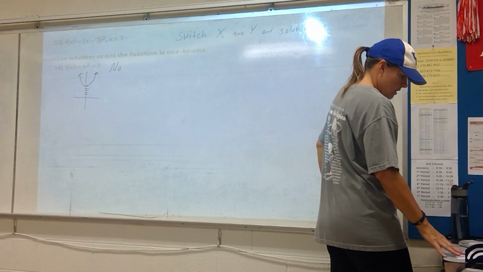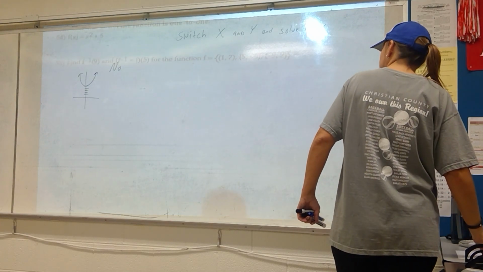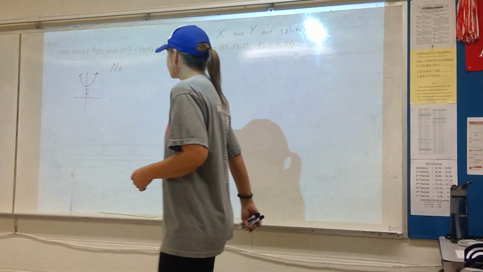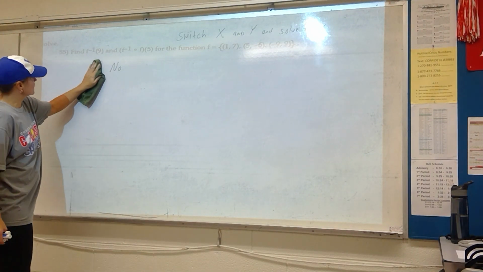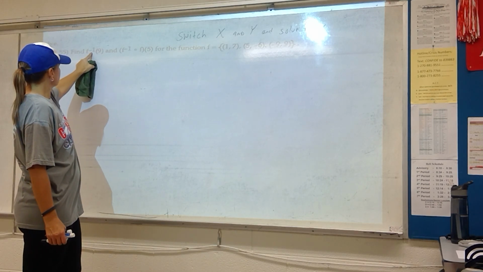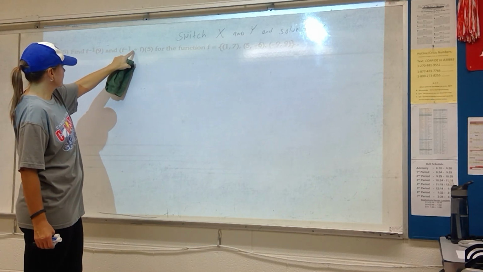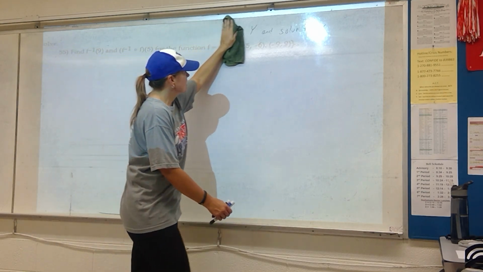Okay. Some more inverse stuff. 55. Find f to the negative 1 of 9, so find the inverse of 9, and then find the f to the negative 1 of f of 5 for the function.